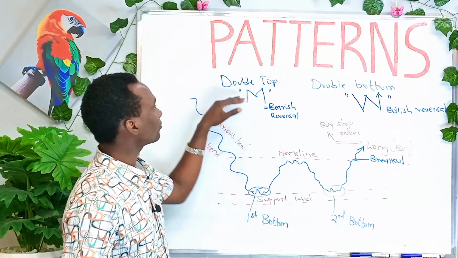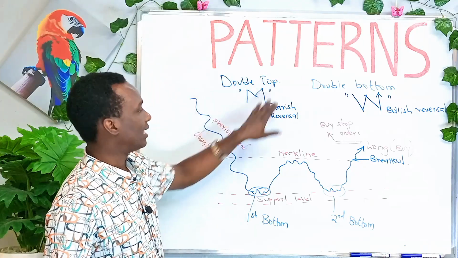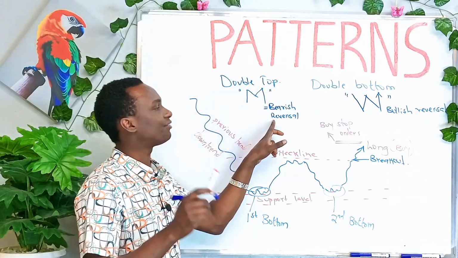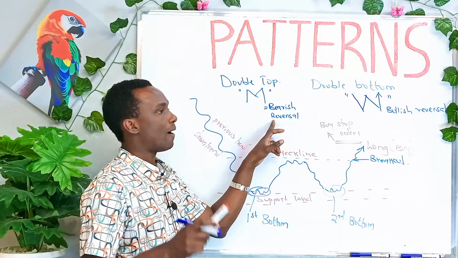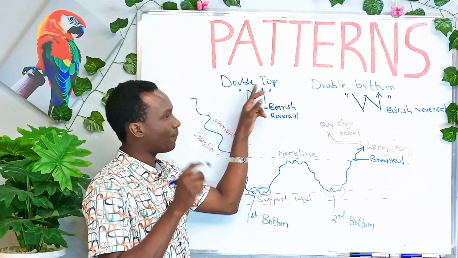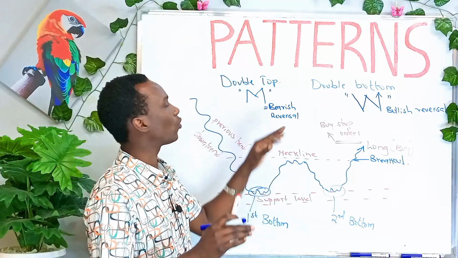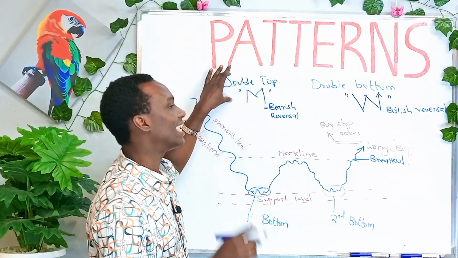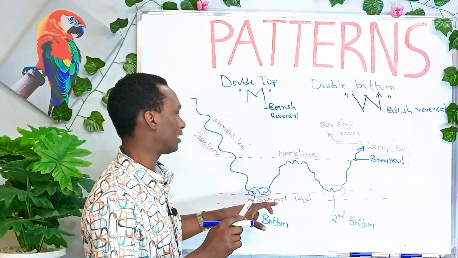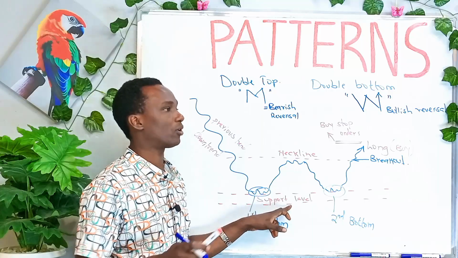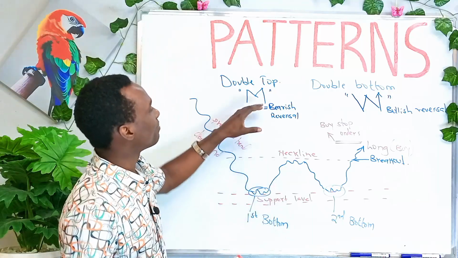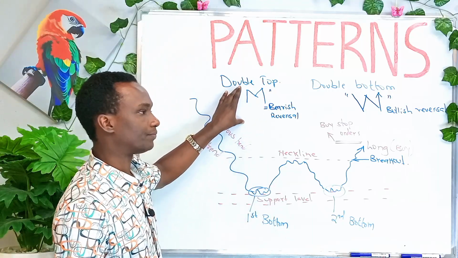Okay, so a double top, we said, is a bearish reversal signal. But when this same double top is not confirmed with a resistance level, and for a double bottom a support level, it may give you a false signal.